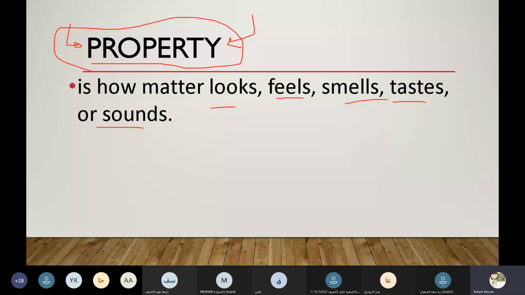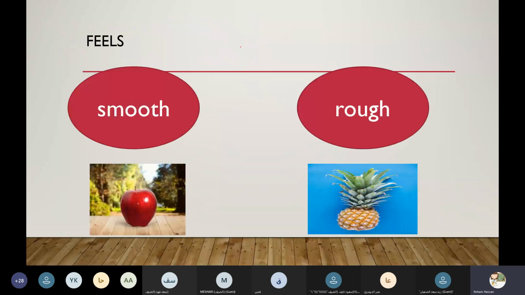What about the properties of the matter? The matter has different properties, and all matter is different from others, not the same. Number one, some matter may feel smooth, like this apple. Can you touch the apple?